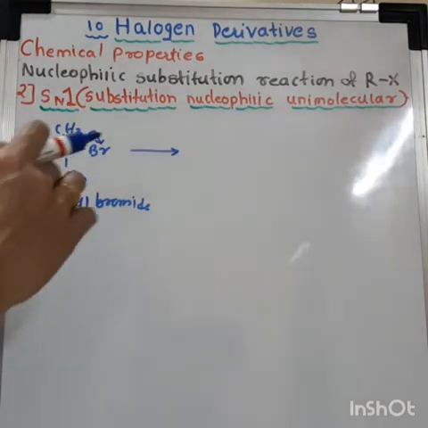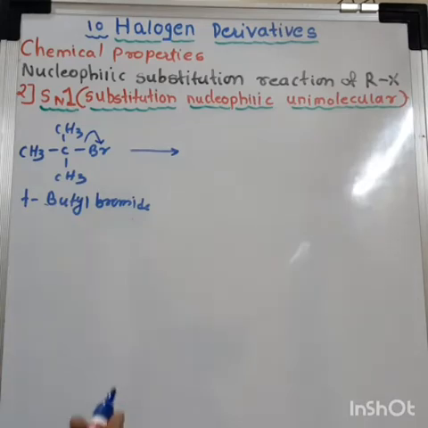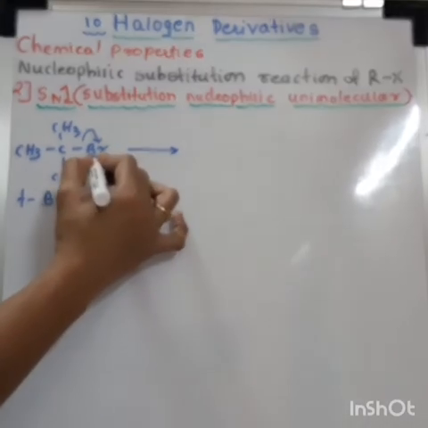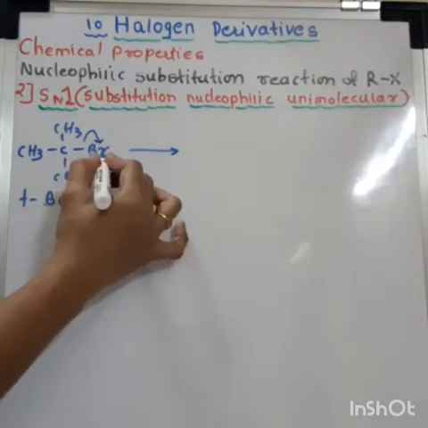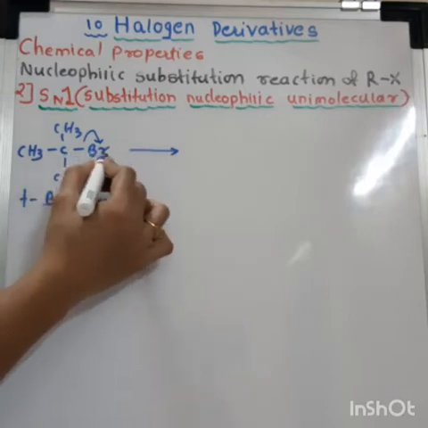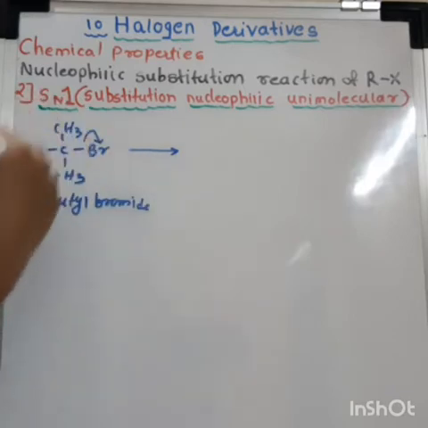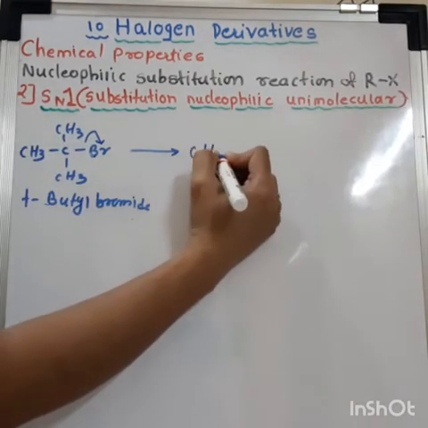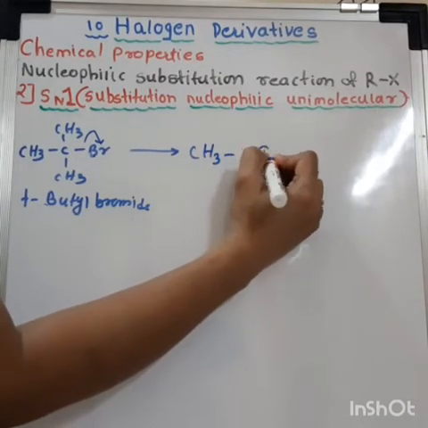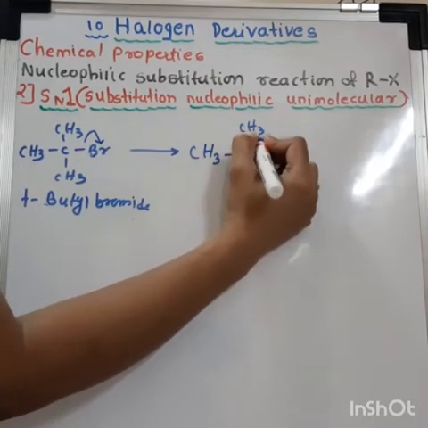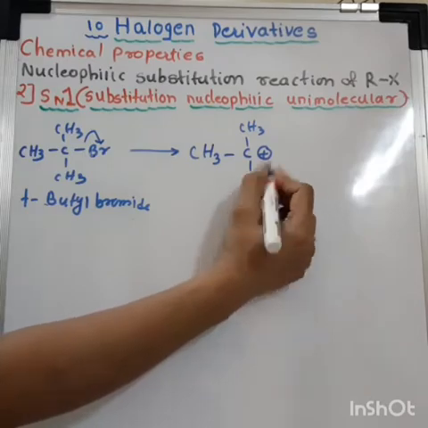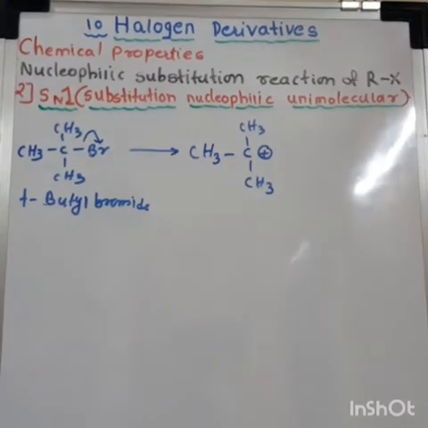Let us see the reaction mechanism of the SN1 reaction. First, Br, as a more electronegative atom, takes both the electrons from this bond and leaves the carbon, and formation of a carbocation takes place. Here a tertiary carbocation is formed.